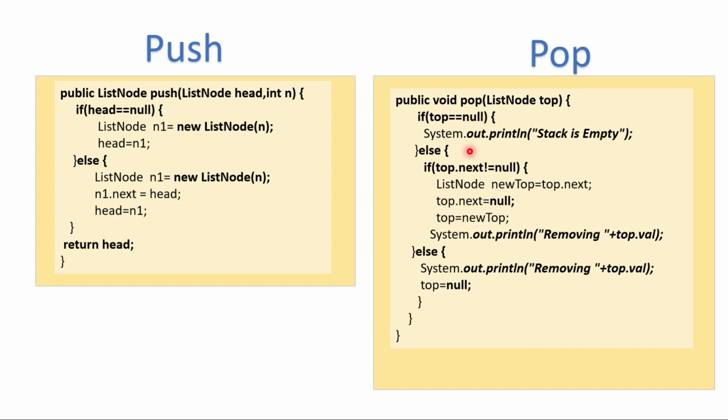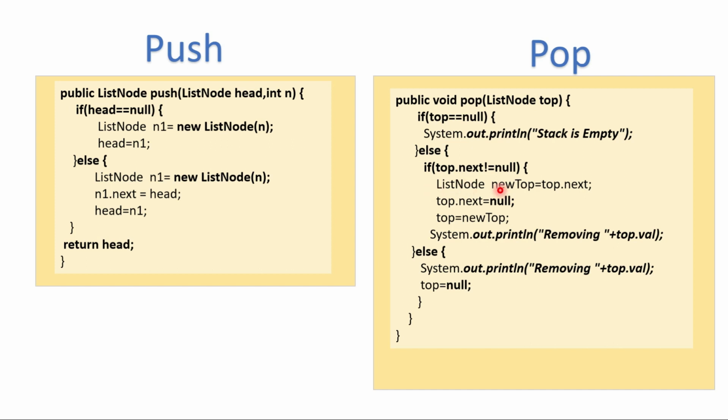If it is not empty, then here also we can check two things. One is whether it is the last element present or there is more than one element present. So I am checking whether top.next is not equal to null, which means more than one value is present. That time, the new top will be the top's next position.